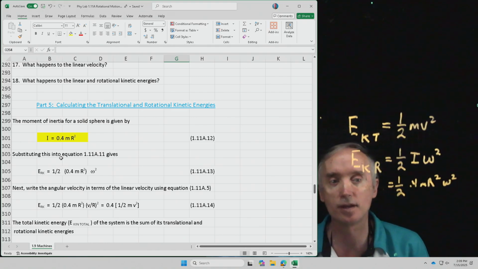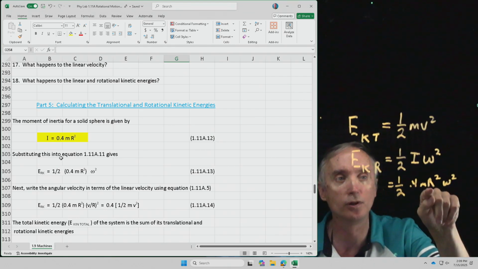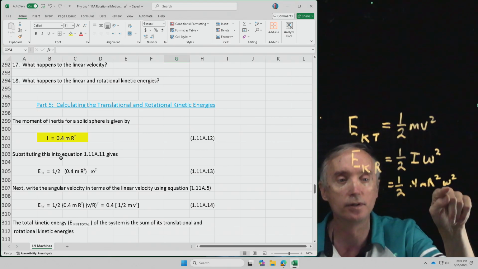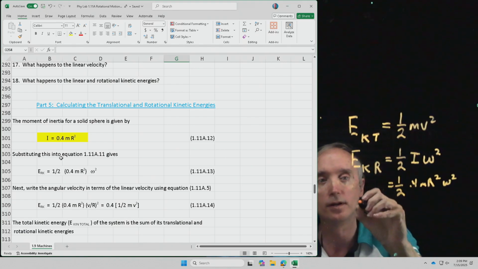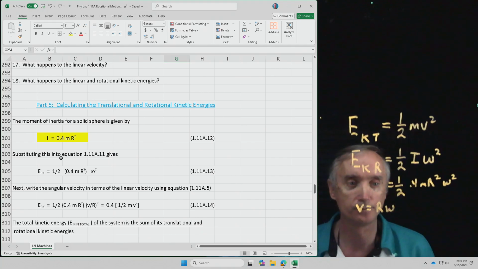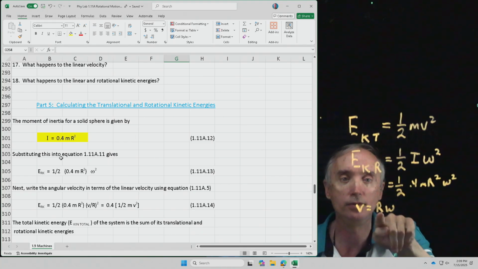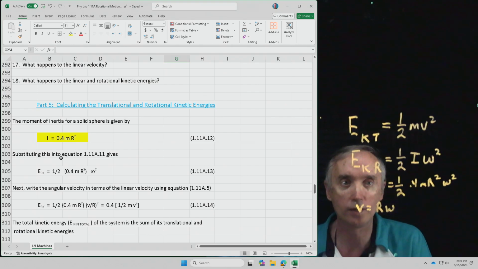Now the next thing that we need to do is look at this piece right here, and do you remember that velocity was equal to r omega? So this was the connector between omega and v, the r. So look, what can we do?